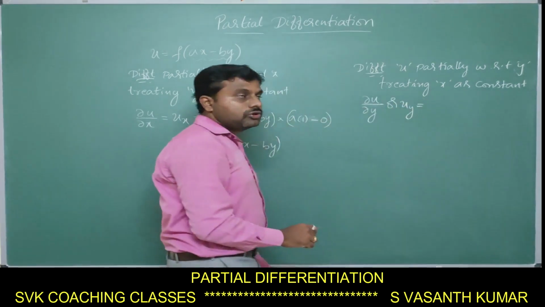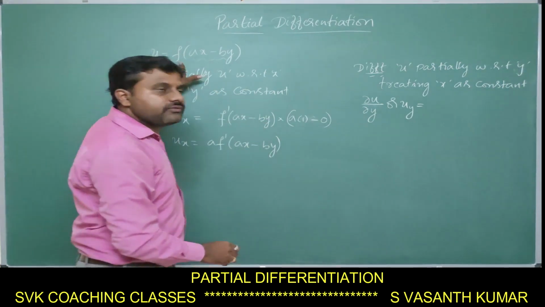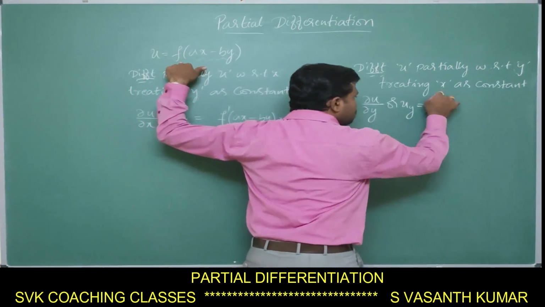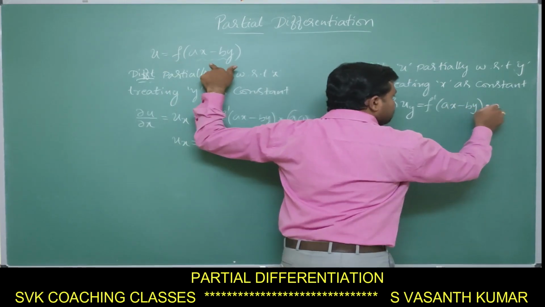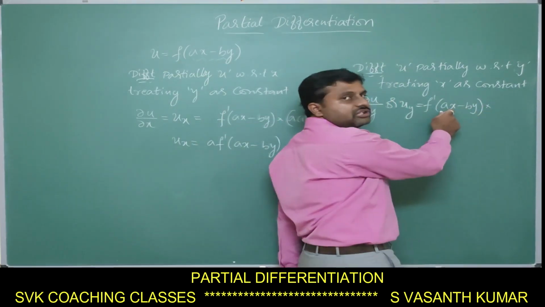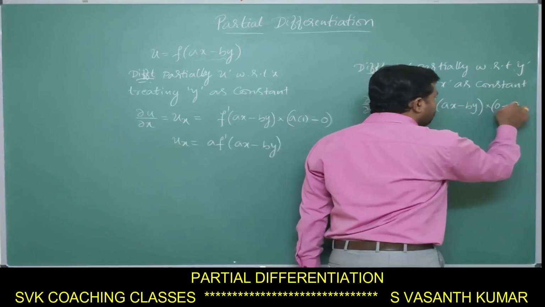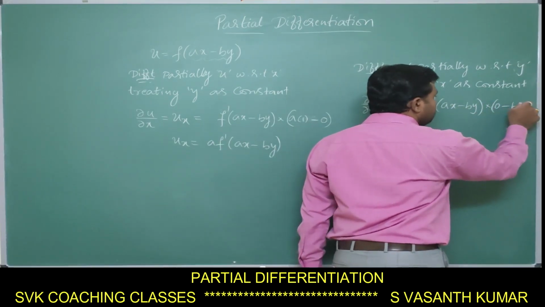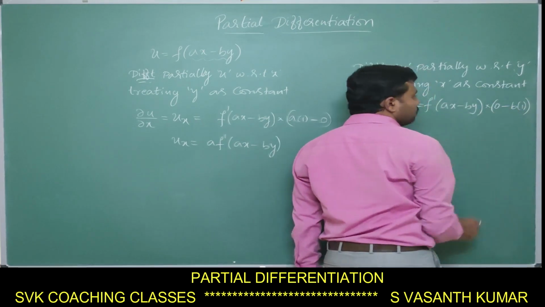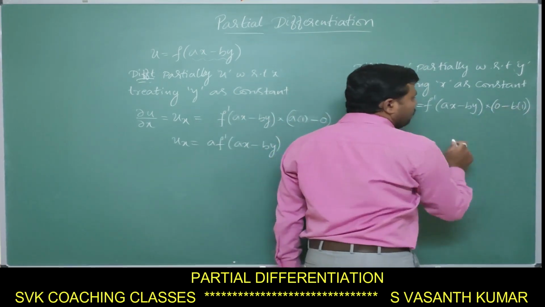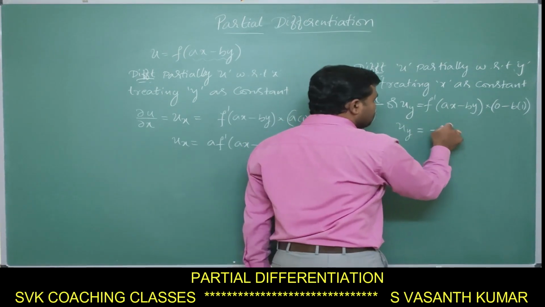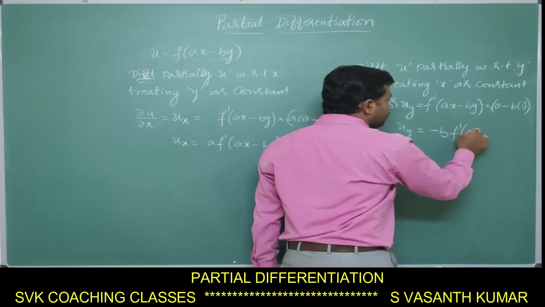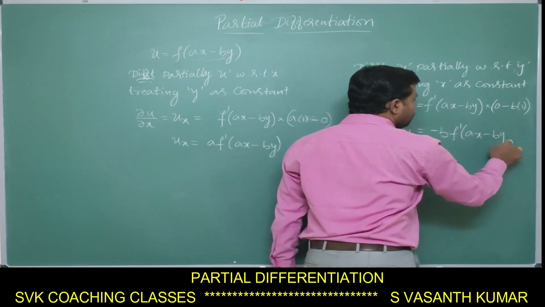Differentiating the function itself, it is f dash of ax minus by into the derivative of the inside function: the derivative of the constant ax is 0, minus the derivative of by, which is b into 1. So minus b into 1 is minus b. Therefore uy is minus b into f dash of ax minus by.